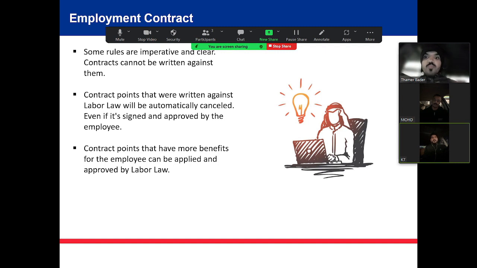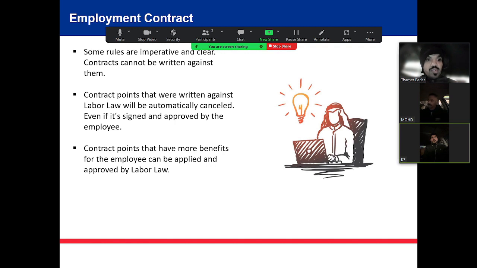Okay. Contract points that were written against labor law will be automatically cancelled, even if it's signed and approved by the employee. Let's say one person was looking for a job, and he found an organization which offers 15 days annual vacation.